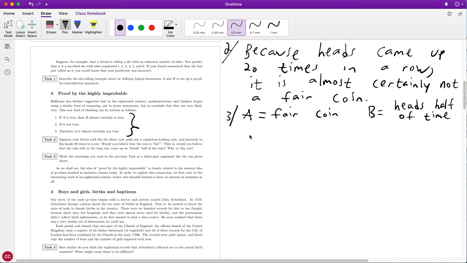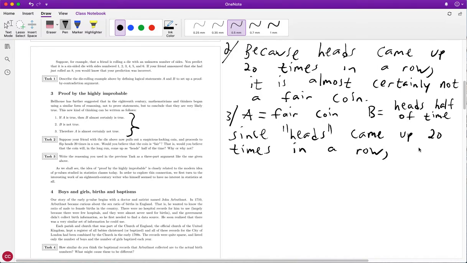Then we saw that B is not true, right? So since heads came up 20 times in a row, B is not true.